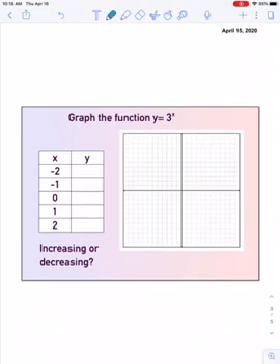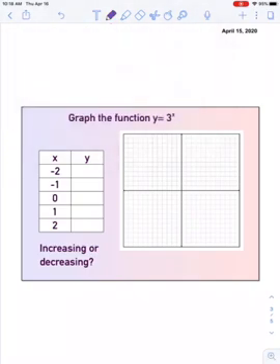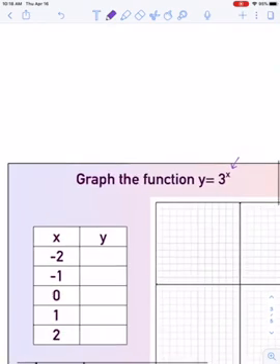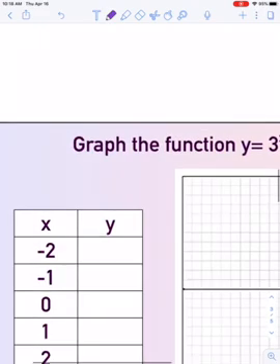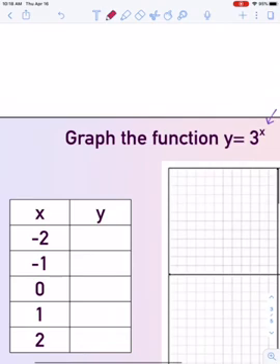Look at this function. It says graph the function y equals 3 to the x power. The fact that your x is your exponent means that this is going to be an exponential function. You're going to plug in the x values exactly like you would any other time.